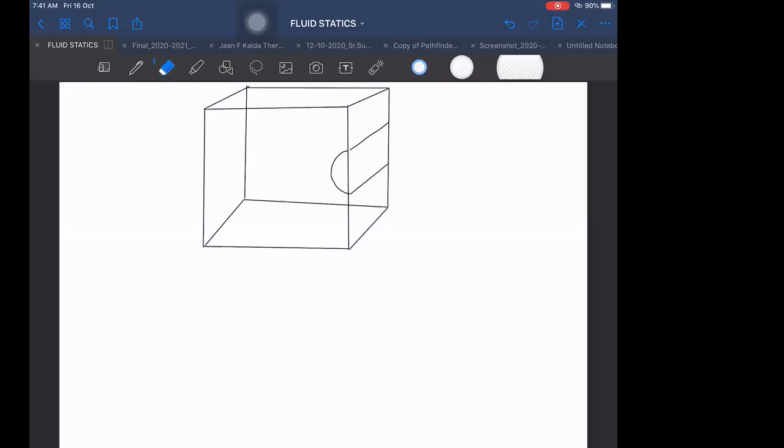Again, I have discussed this kind of question before. I want to do it again. It's a curved semi-cylindrical part in the wall.